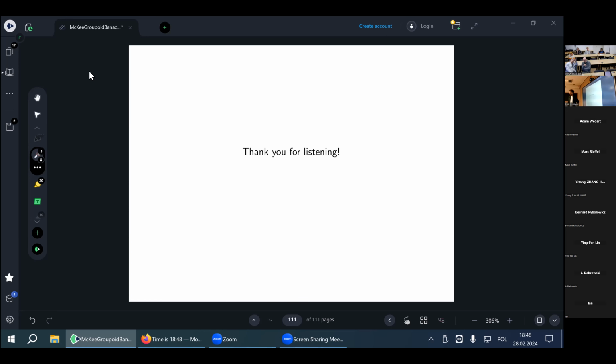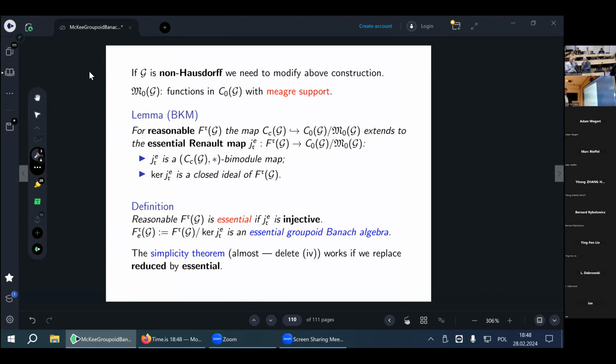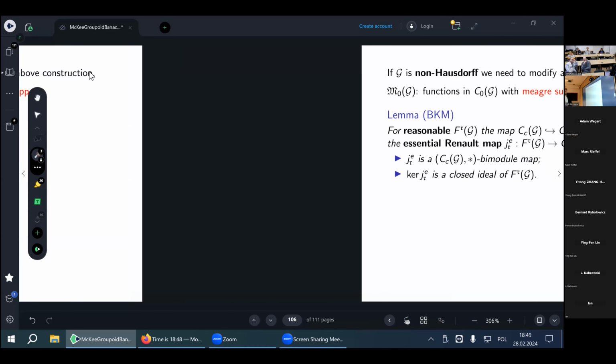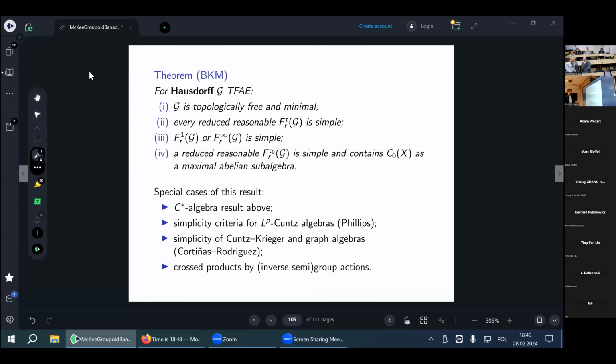Could you come back to the last slide? That's the last slide. No, with the mathematical text. Okay, so the last theorem: any reduced reasonable convolutional algebra is simple. So what are these conditions for being reasonable? These are the conditions that we need to define this.